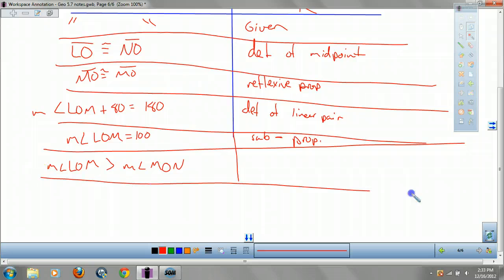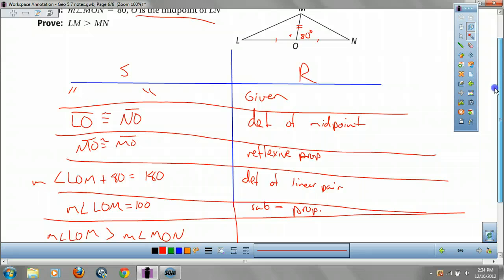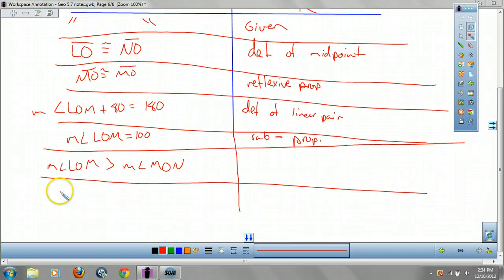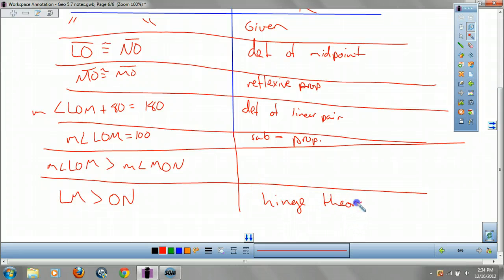We'll skip that one for now because it's not important. So, we have two congruent sides. We have a bigger angle than the other. So how can I say this is bigger? By the hinge theorem. So now I can say that LM is greater than ON by the hinge theorem. And we're done. Guys, again, ask me to do a problem like this one before we go on. Enjoy!